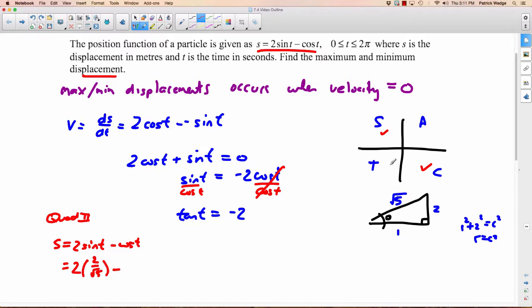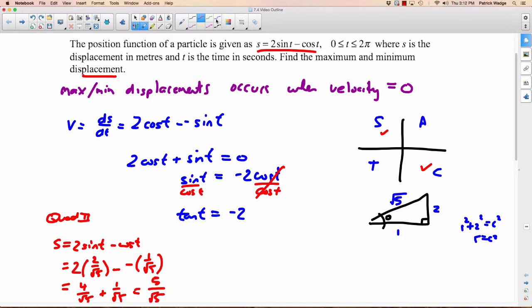Minus cosine. In the second quadrant, cosine is negative. And cosine in this case would be adjacent over hypotenuse, 1 over root 5. So 2 times 2 over root 5 is 4 over root 5. Take away negative is plus 1 over root 5. We end up with 5 over root 5.